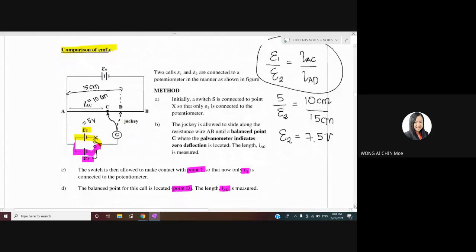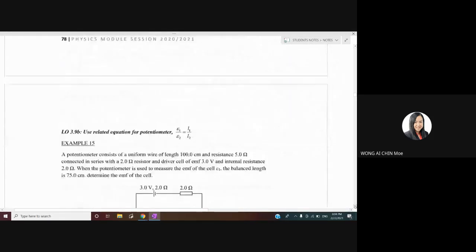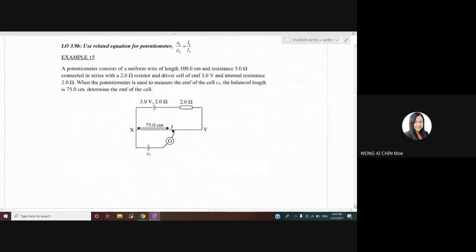Okay, so we try one question. Example 15. A potentiometer consists of a uniform wire. The length is 100 cm because it's a meter rule, and the resistance is 5 ohm. So 100 cm here is equal to 5 ohm.